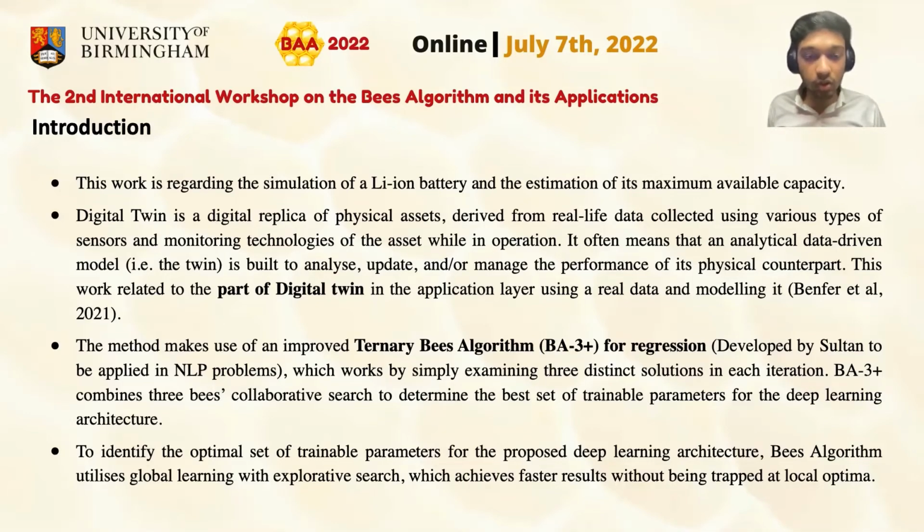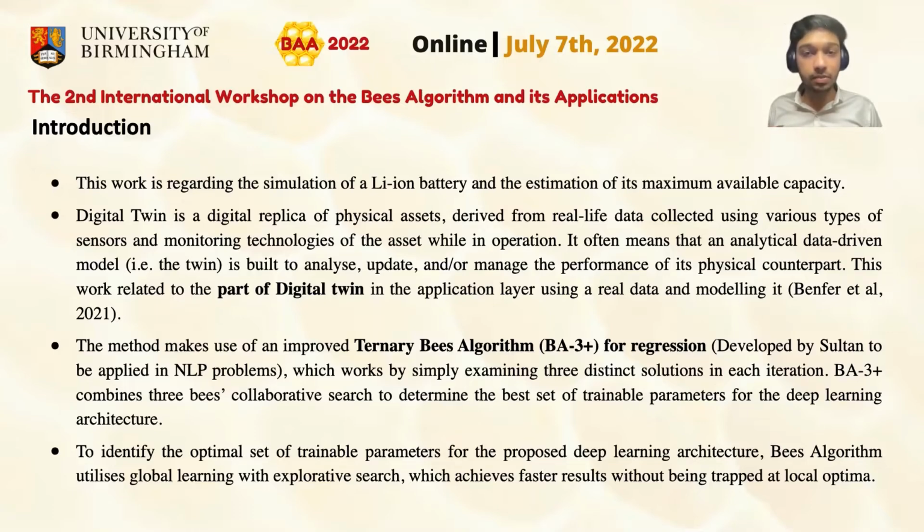This work relates to the digital twin in the application layer, using real data and modeling it. Our method makes use of an improved ternary Bayes algorithm, also called BAA22, for regression. It was initially developed by Sultan to be applied in NLP problems. Basically, it works by simply examining three distinct solutions in each iteration.